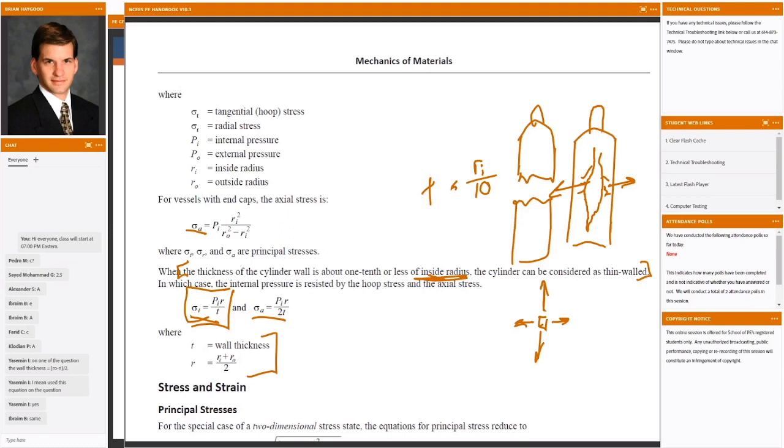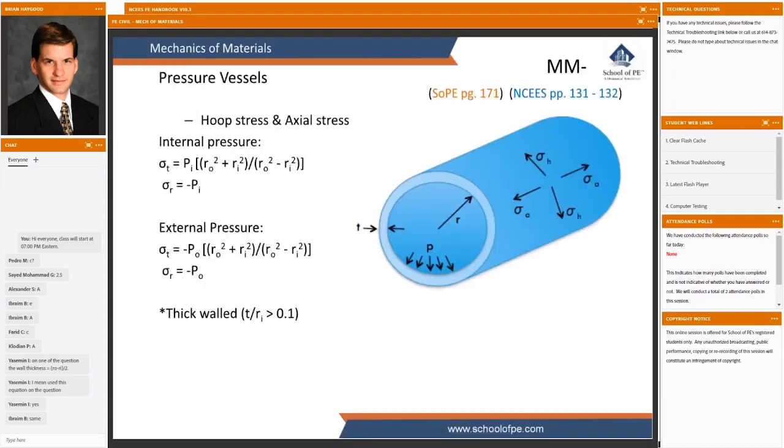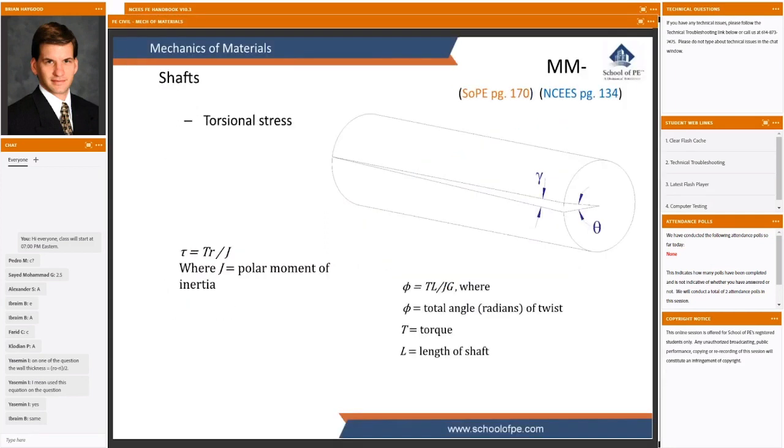And we might also have particularly fabricated pressure vessels where we have a weld or something going across this direction, and we might be interested in whether or not that weld would fail under axial stress. So we do find a use for each one of these in turn, but even though the axial stress is half as big, it still becomes an issue in a few cases. Well, hopefully now you'll remember that the axial stress is the one that's half as big. And so we've got all their different equations there.